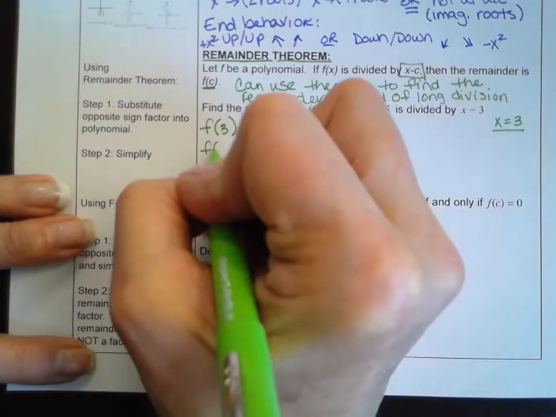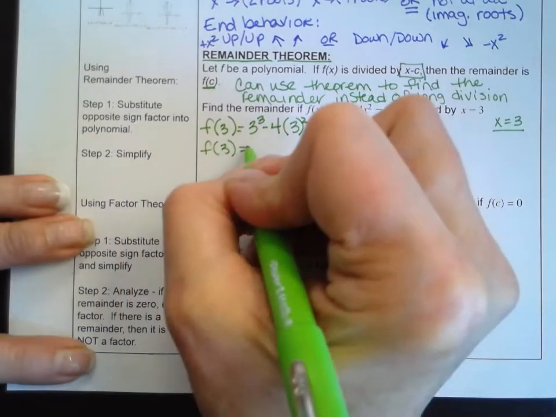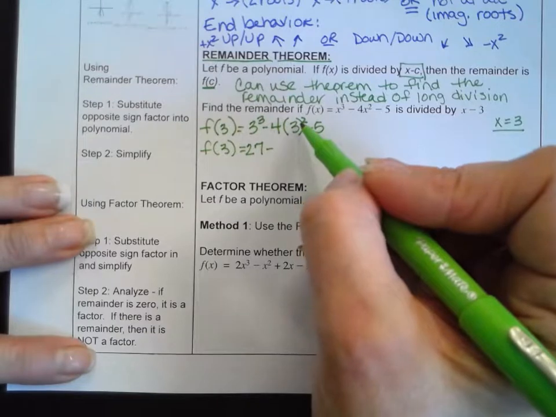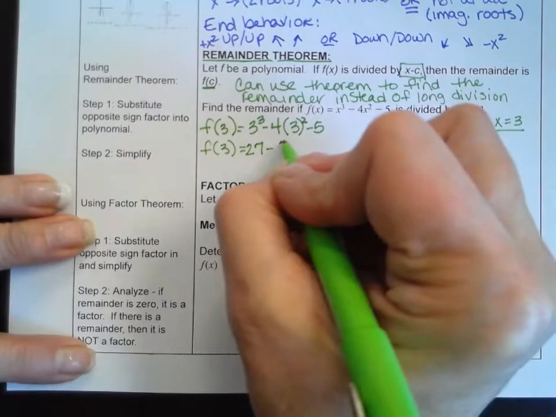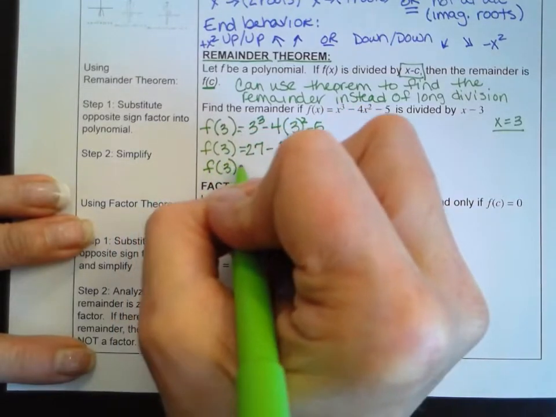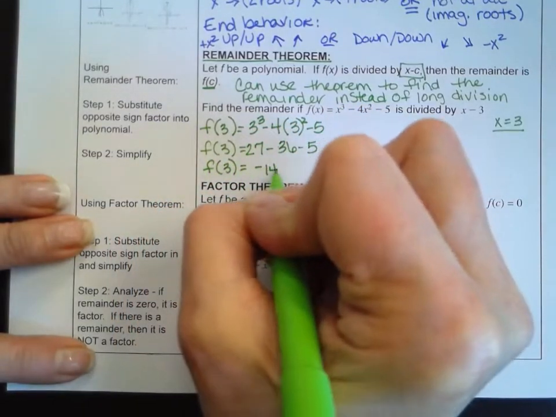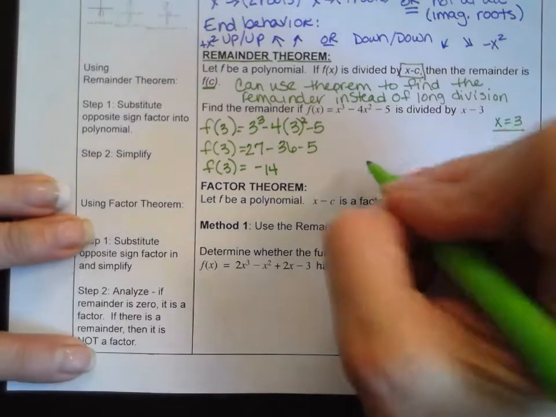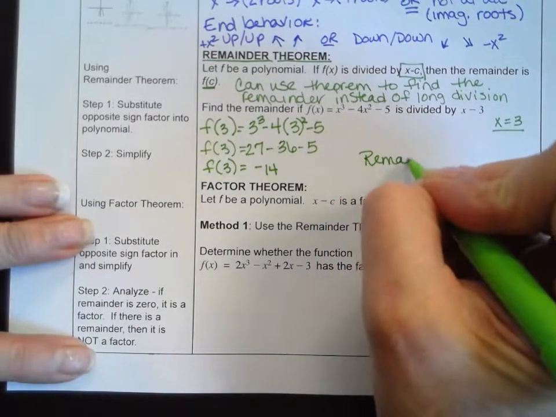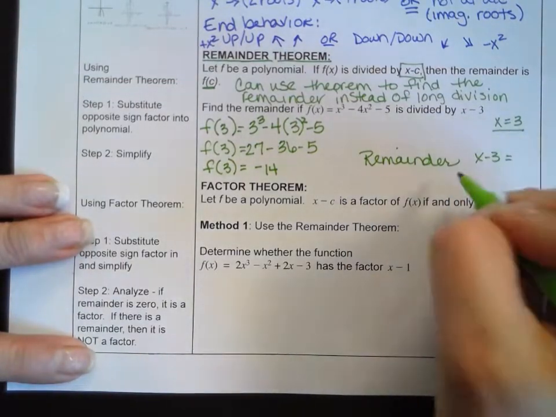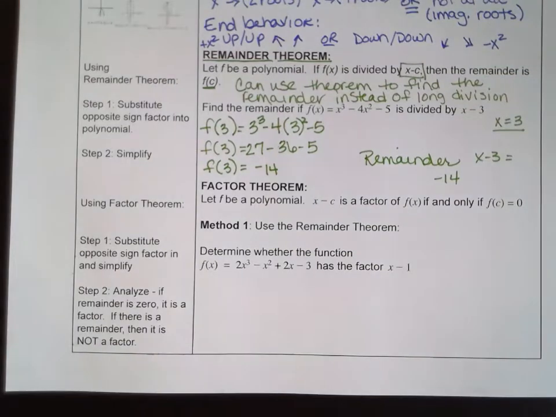When I simplify, I'm going to get 27. 3 squared is 9, 9 times 4 is 36. And when I plug and chug that in the calculator, I get negative 14. So that means my remainder for x minus 3 is going to equal negative 14.